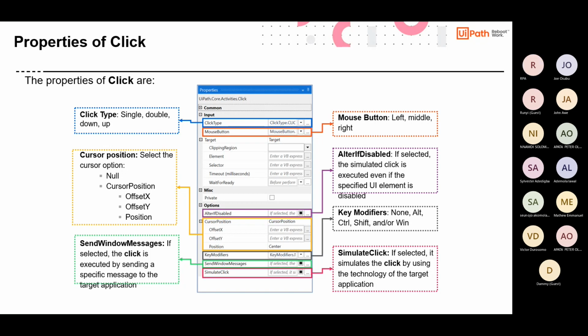So send window messages is one of the three input methods. It uses a background window script or command line to relate with your application. So it works basically in the background.